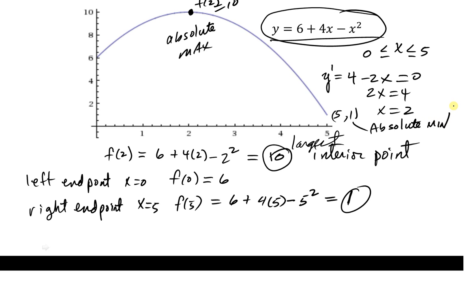So here the absolute minimum occurred at the right endpoint, and the absolute max occurred at the interior point where 2 was a critical value and the derivative was 0.